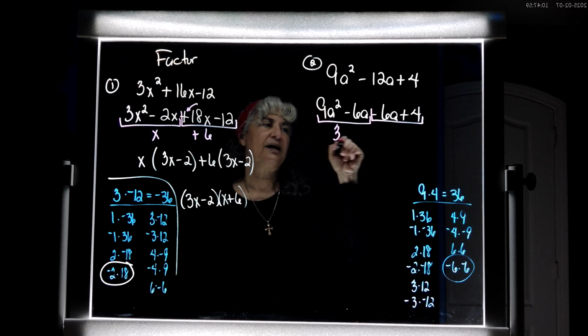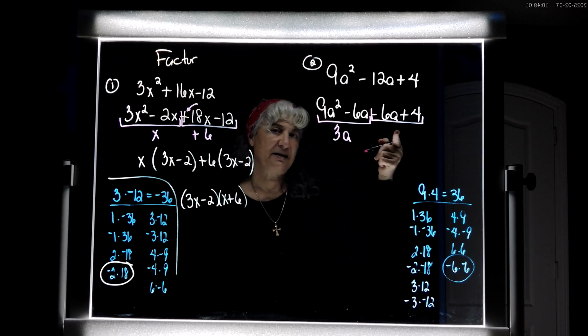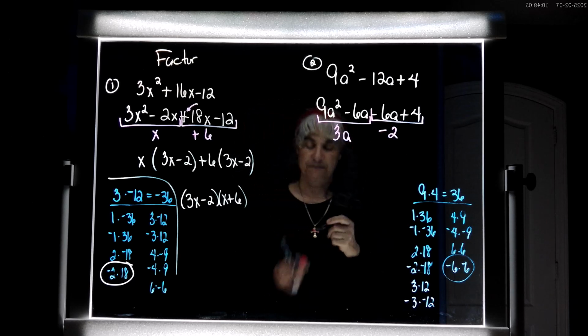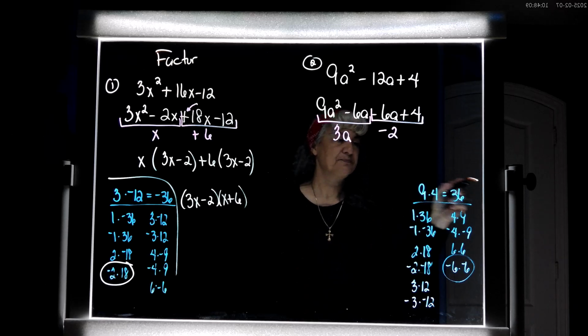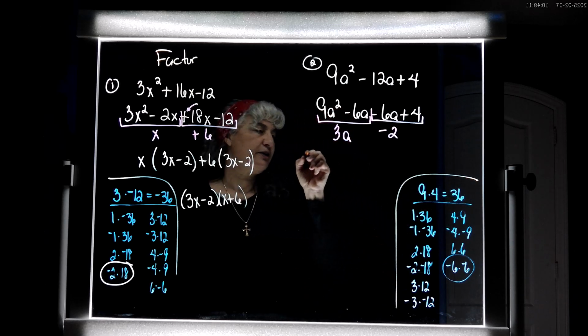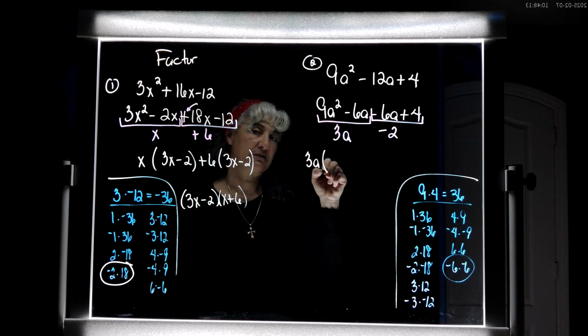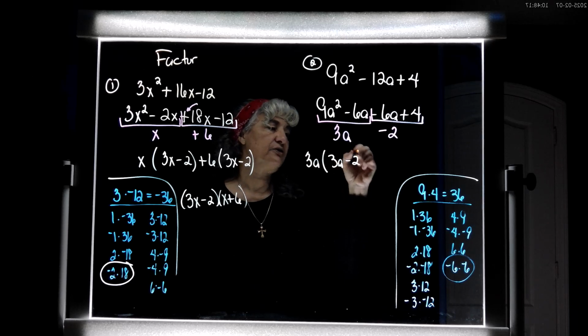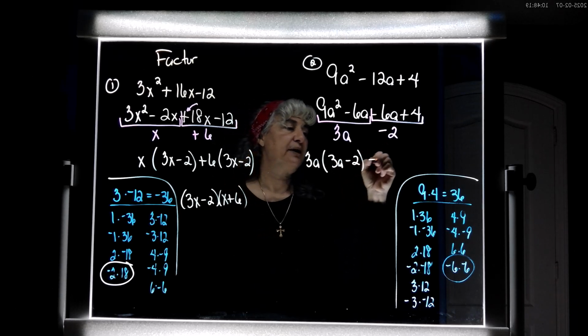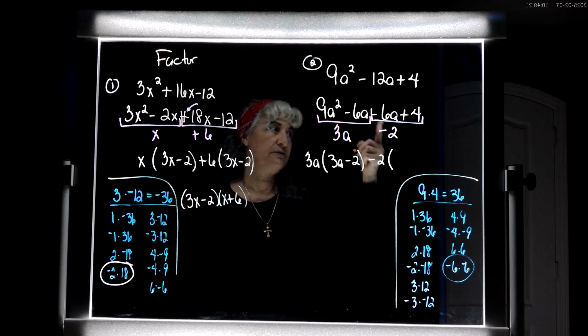A 3 and an a. Second, take out a negative, okay. 2, got it. All right, so you took out a 3a from the first pair. That's a 3a, and then a minus 2. Took out a minus 2 from the second pair.